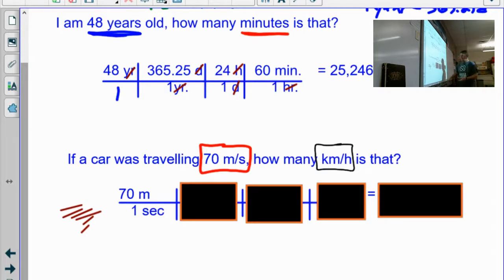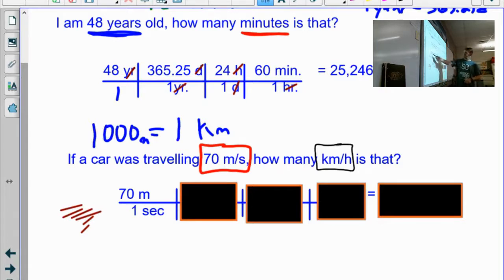So I need to have an equivalency. What do I know about meters and kilometers? Well, if I went back to that prefix sheet on the previous slides, I'd know that there are, and I shouldn't have written it this way, I should have said there are 1,000 meters per 1 kilometer. Okay, so kilo means 1,000, so that's where the 1,000 meters is.